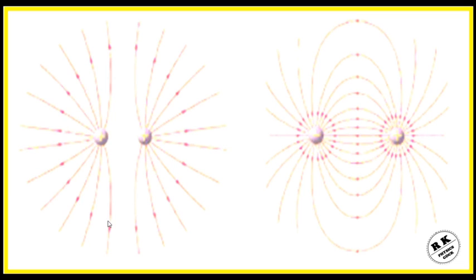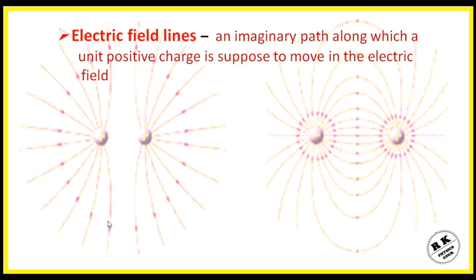Now let us discuss our topic, that is, electric field lines. Electric field lines are also sometimes called electric lines of force, or simply lines of force or field lines. They are the imaginary path in the electric field along which a unit positive charge is supposed to move.